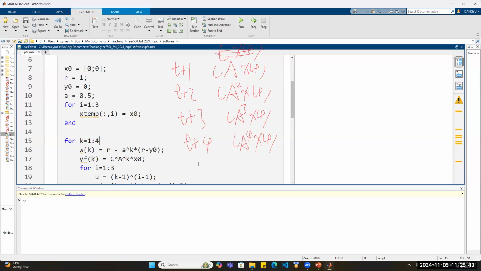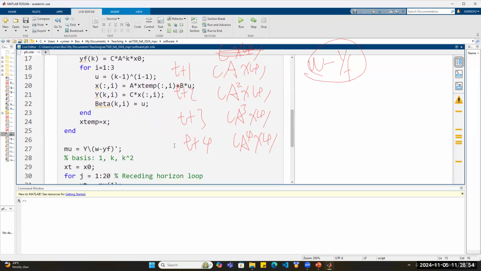Then we use w minus this y, which I call y_f. So w minus y_f.